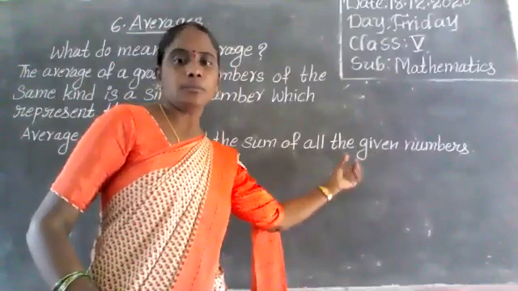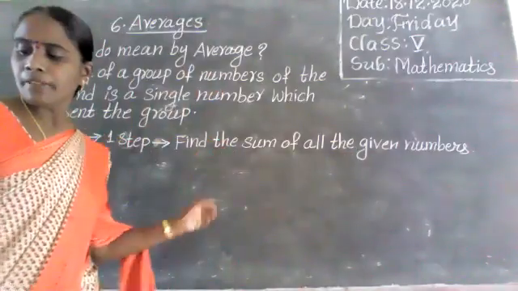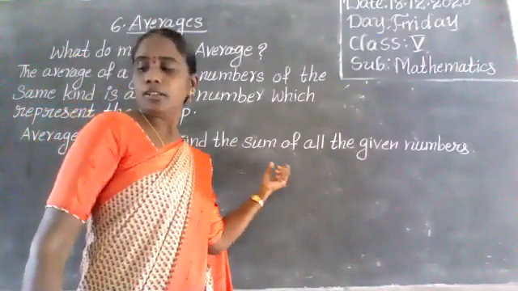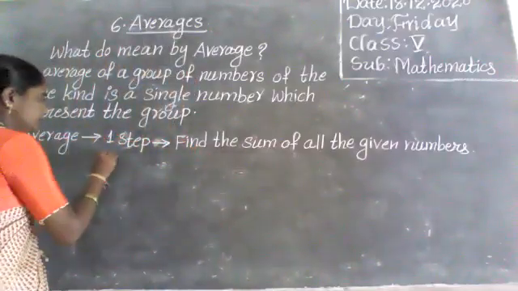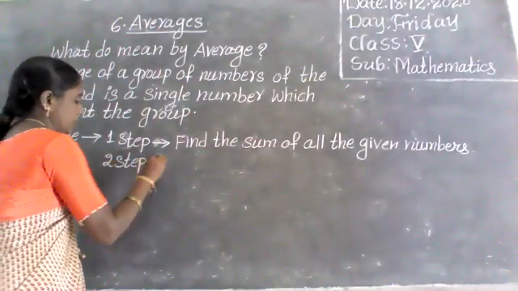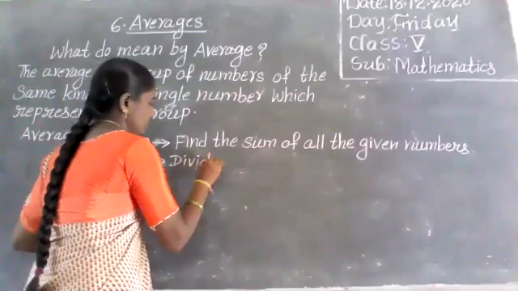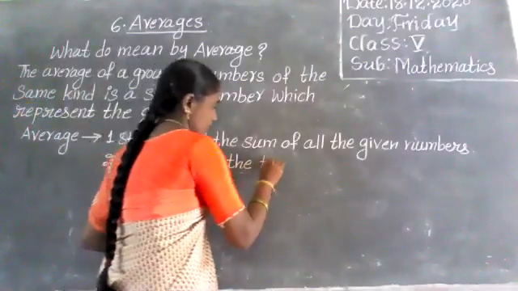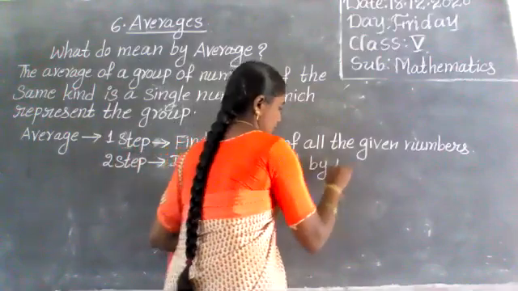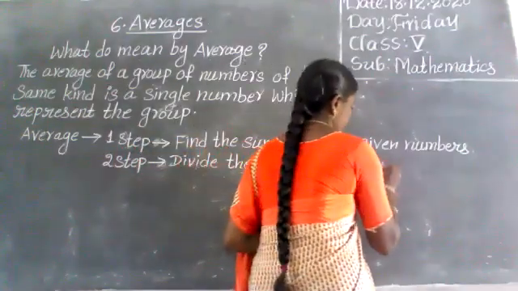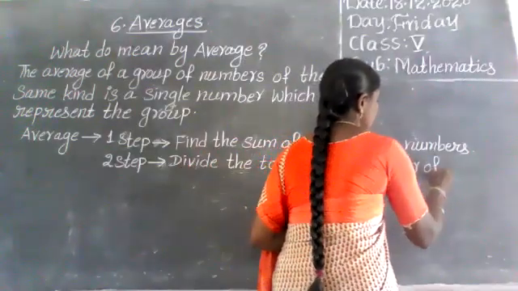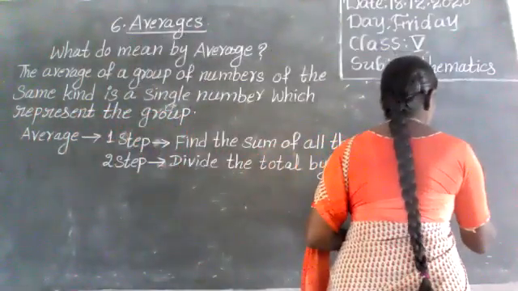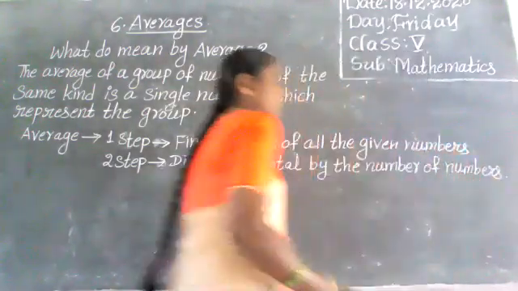Okay, according to the problem. Next, second step, divide the total by the number of numbers, number of articles, number of observations, number of things.